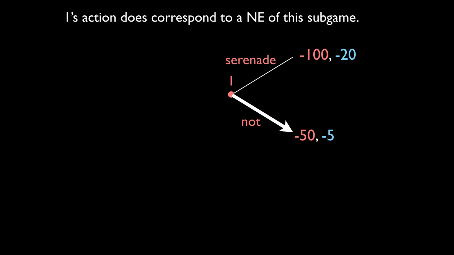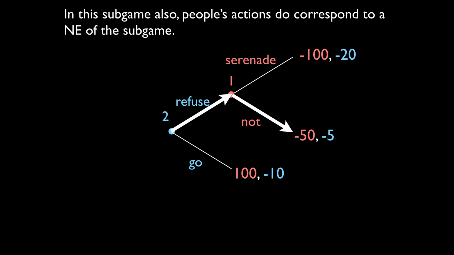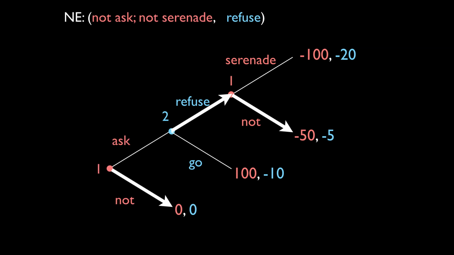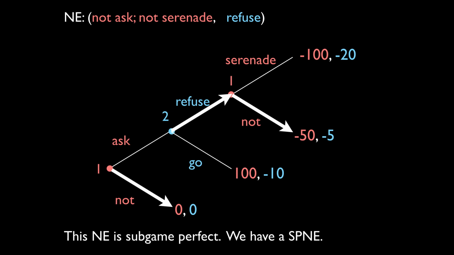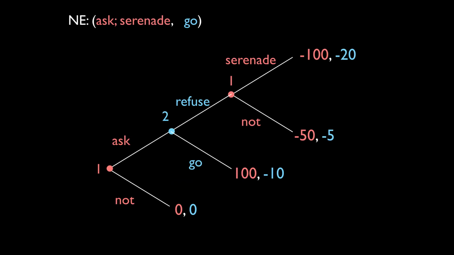So look at that, it does correspond to a Nash equilibrium in every subgame. So the first one was not, the second one was, and the third one we'll have to check.